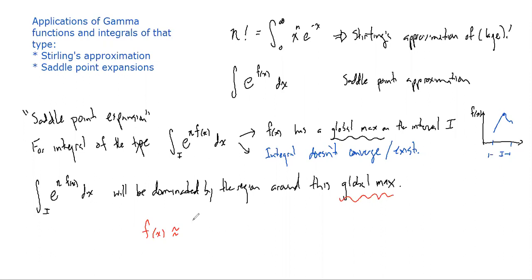So this is going to be good enough. So x naught will be the point at which this thing has a max. And then at the max, I'll write down the term, but this is going to be 0, because at a maximum, the first derivative vanishes.